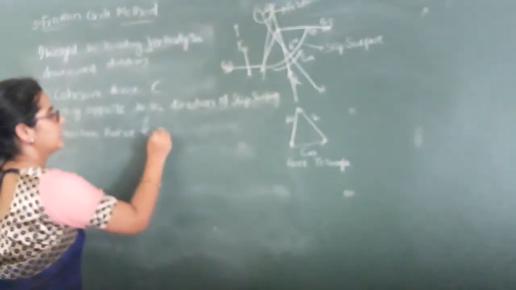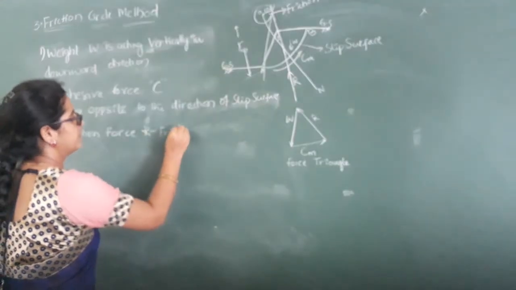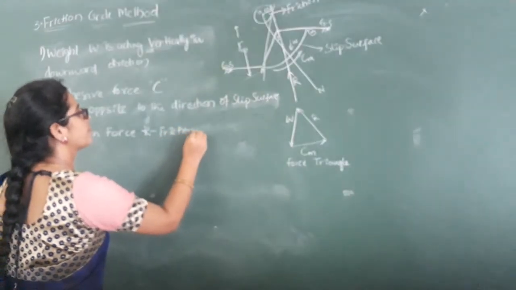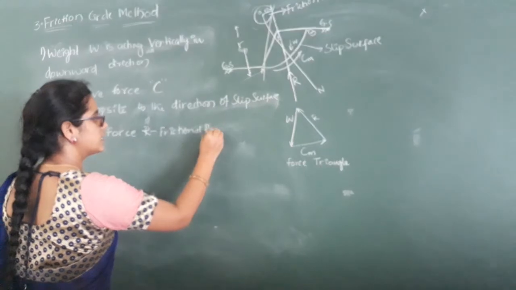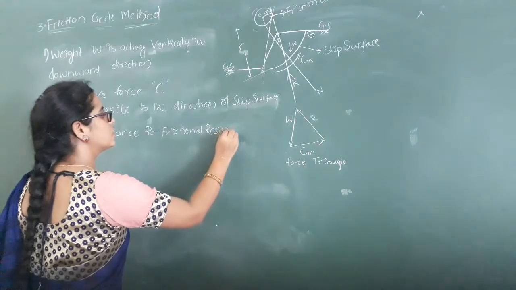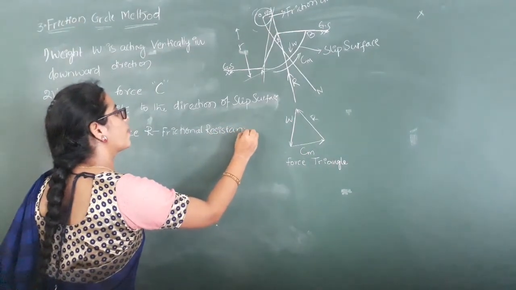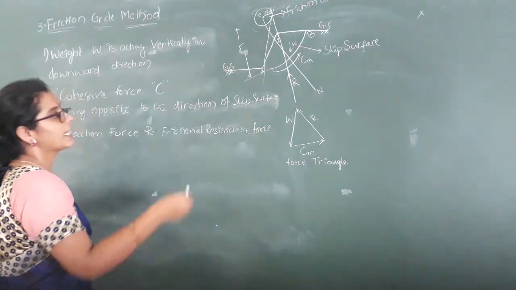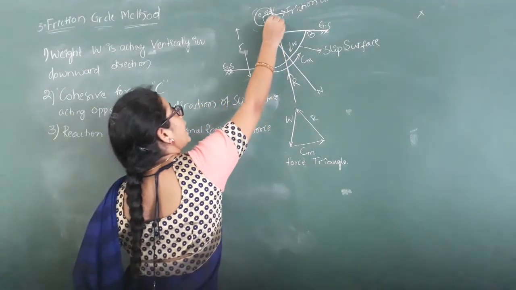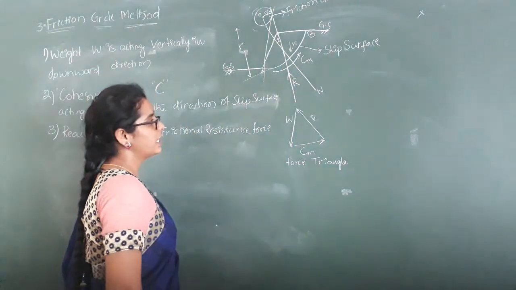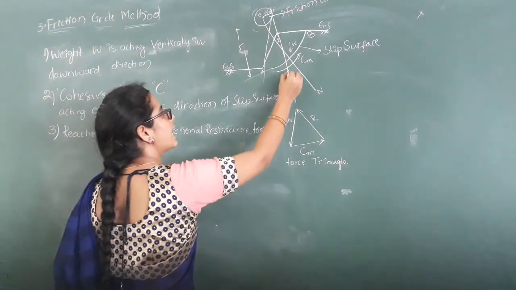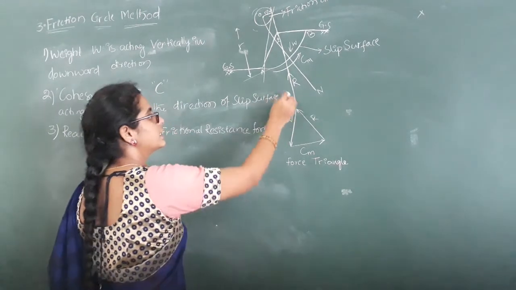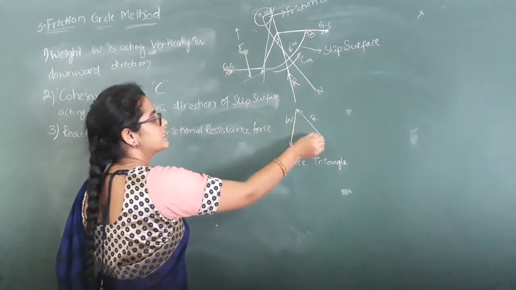R is the frictional resistance force. How did we represent it in the diagram? We have drawn the tangent to the friction circle, and that is considered as the reaction force, and the direction is in this direction.